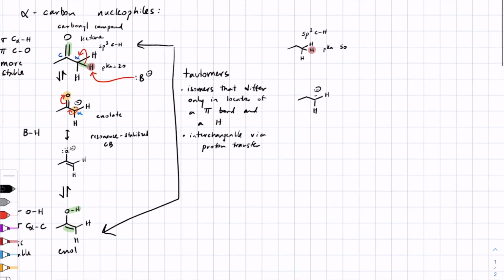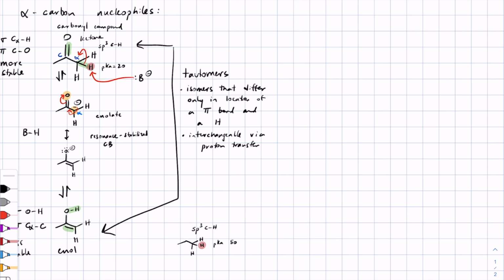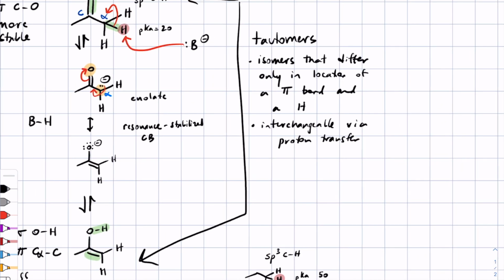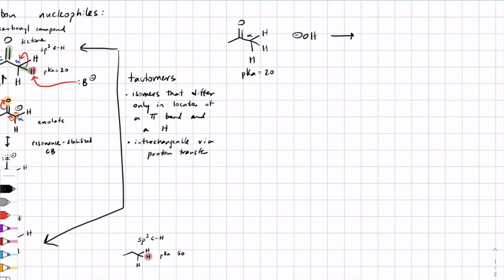So one question you could ask about enolates is, how do you know how much enolate is going to be present? The way you know that is you compare the pKa of the enolate to the base that you're using. For example, let's take this ketone where the alpha carbon has a pKa of 20, and let's use hydroxide as a base, and we'll draw the conjugate base, our enolate.